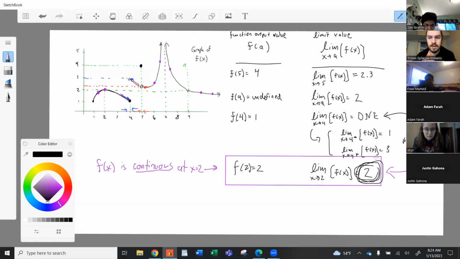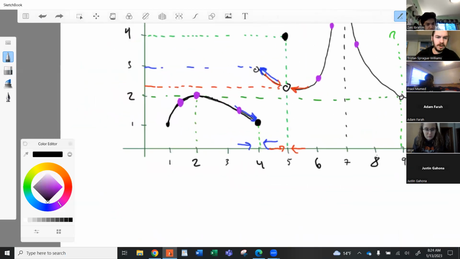How do we find this? Oh, sure. Okay, so zooming in over here, you've got this specific point right here. That point tells us f of 2 equals 2, right? But then if you look at what's going on with the graph, as you come in from the left side or the right side, the graph is approaching that very same point.